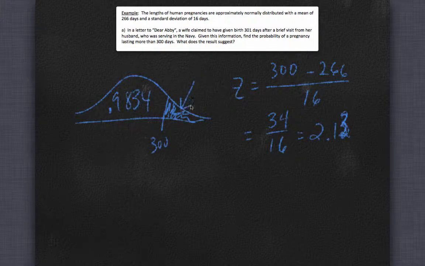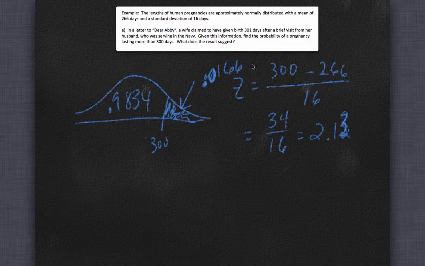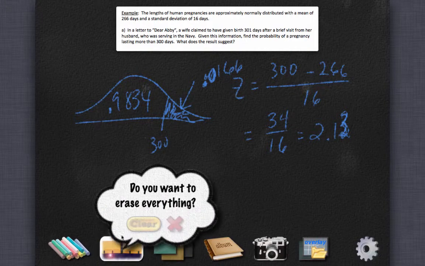So that leaves over here 0.0166. So, not that close to 0. So the result might suggest that the husband might be concerned, but it's within the realm of possibility.